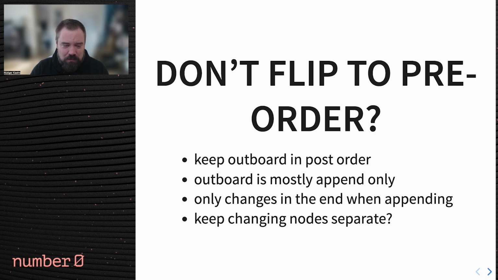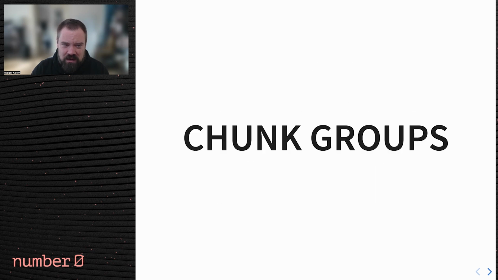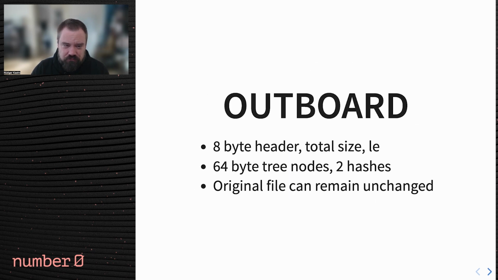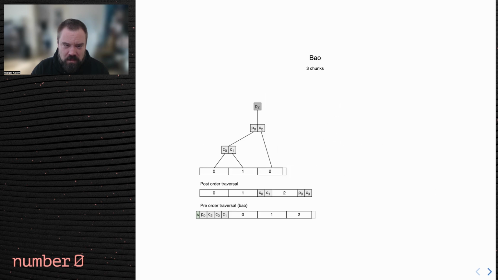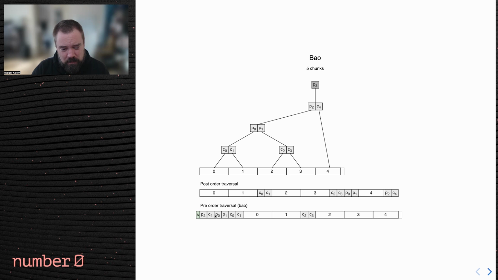So what I mean about output is mostly append only, let's take a look at the bao encoding. Now take a look at the bao at the very bottom here. And as you can see, as data gets added, the data chunks move around in the file.